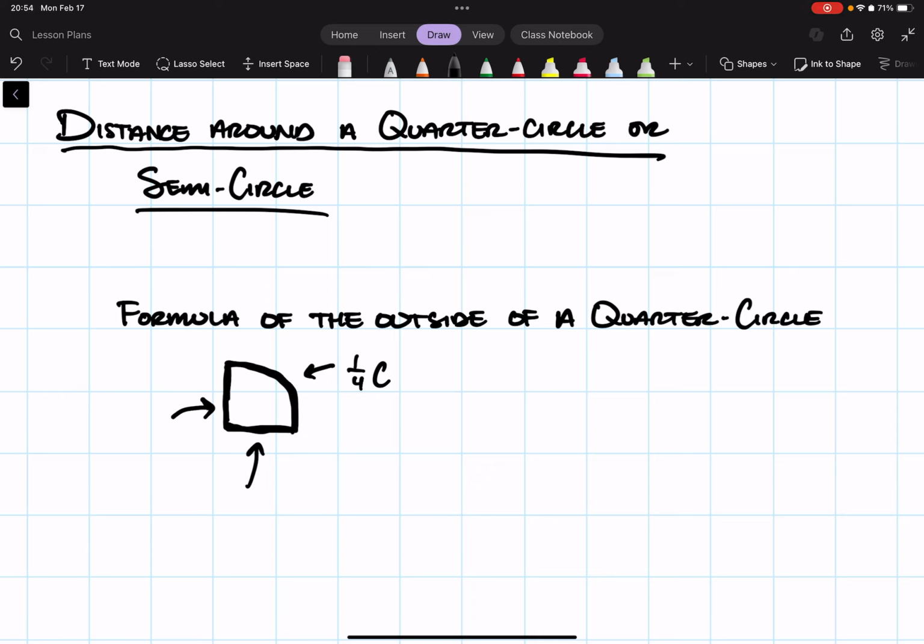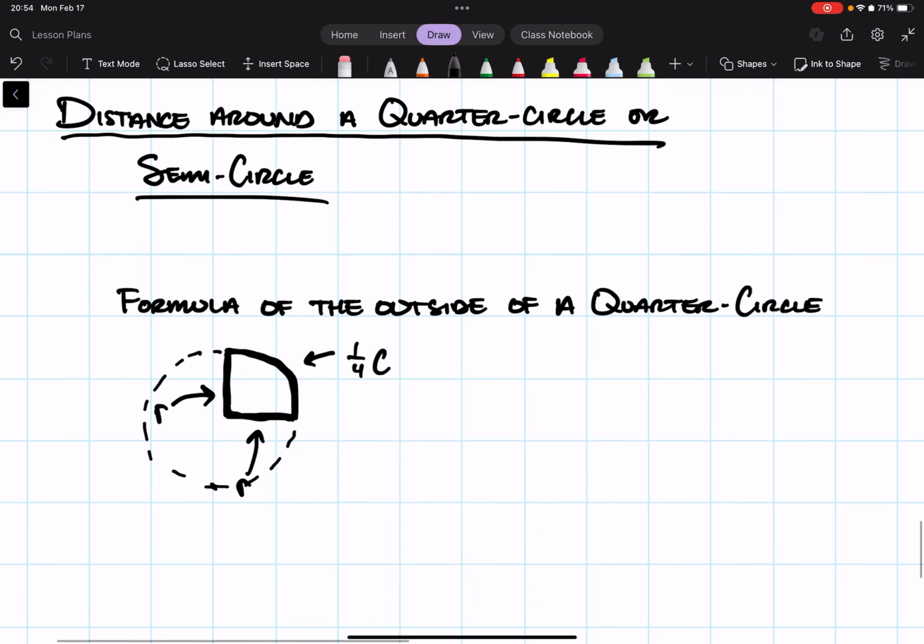Now, if you can imagine, there is an entire circle that goes around like this. Let's make it a little bit nicer. And if you notice that, you could see that these are both the radius.